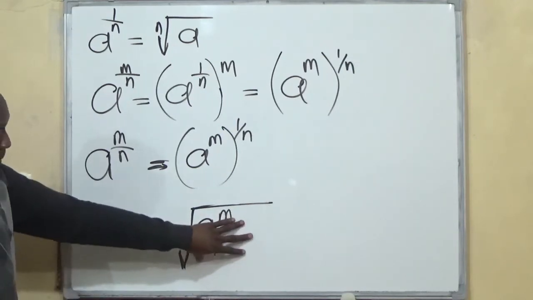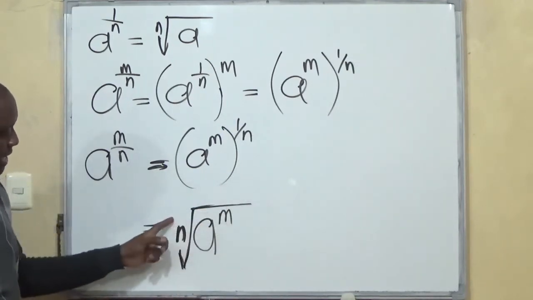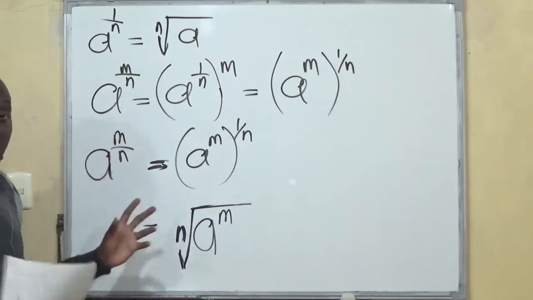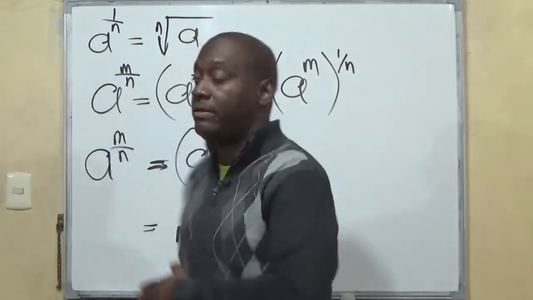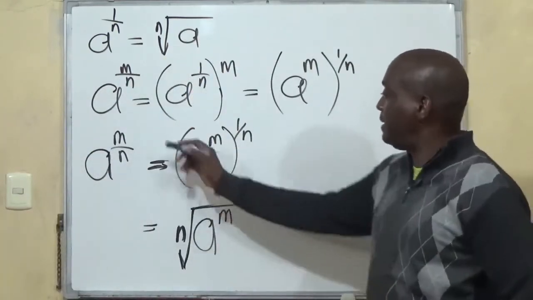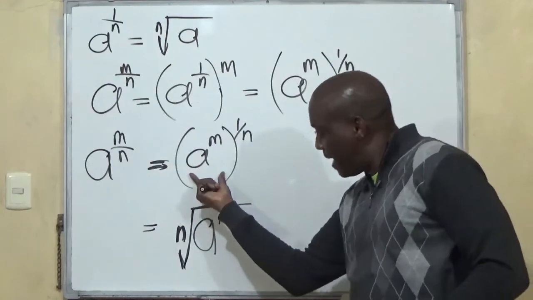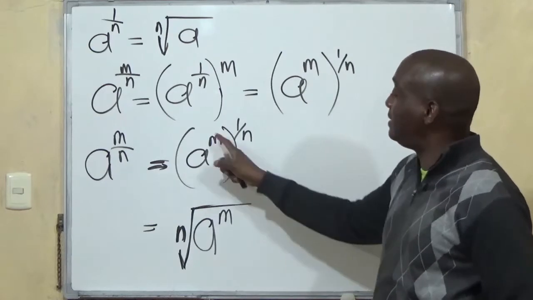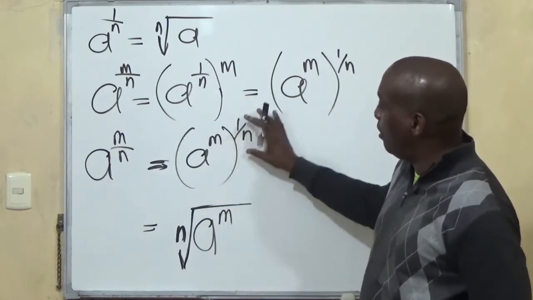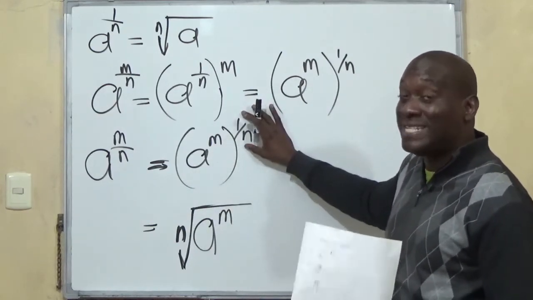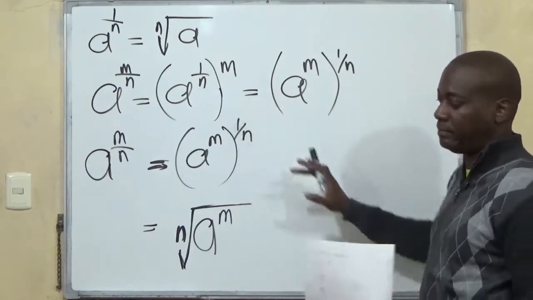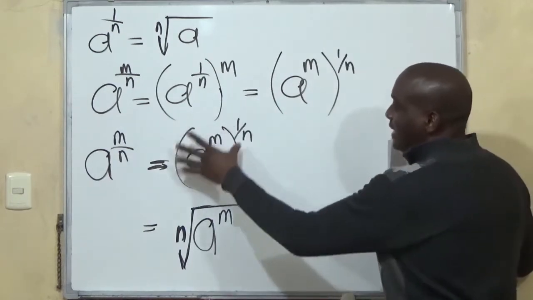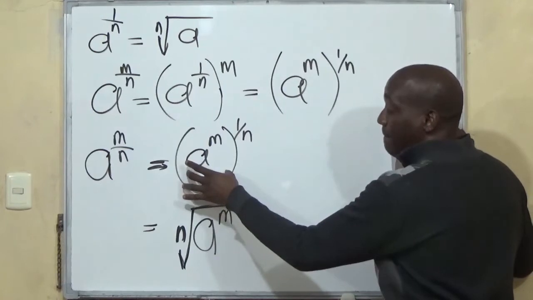So in other words, a to the m under the root sign, and you have the n on the outside. Because once you understand that a to the m over n is a to the power of m all raised to the power of 1 over n, which is the same thing as taking the nth root of a to the power of m.